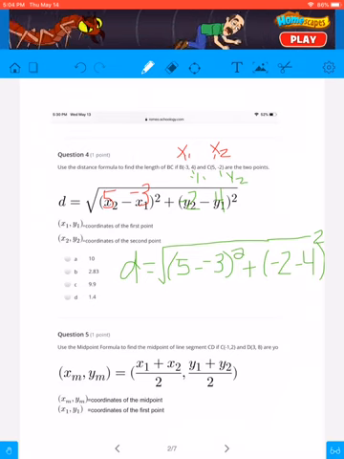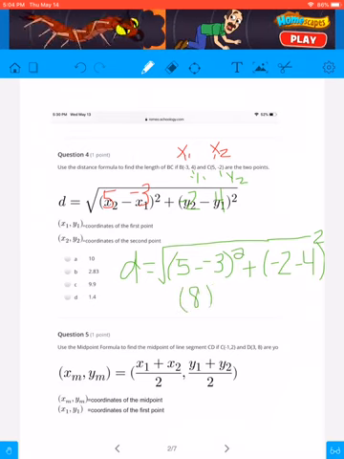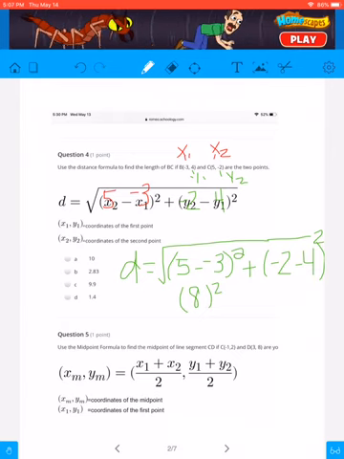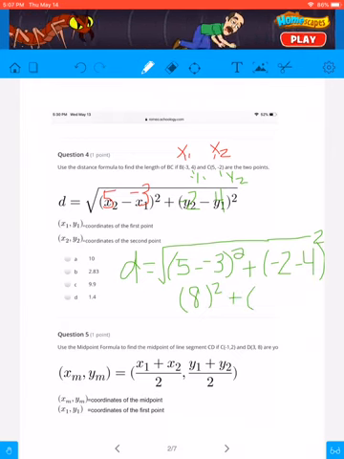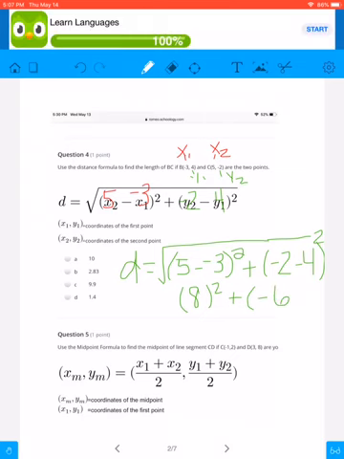So in the parentheses it would be 5 plus 3, which is 8, so it'll be 8 squared. And then in the parentheses it would be -2 down -4 more, so it'd be -6 squared. Remember when you're typing this in the calculator to use the parentheses when you square them, because 8 squared would be 64, and -6 squared would be 36.